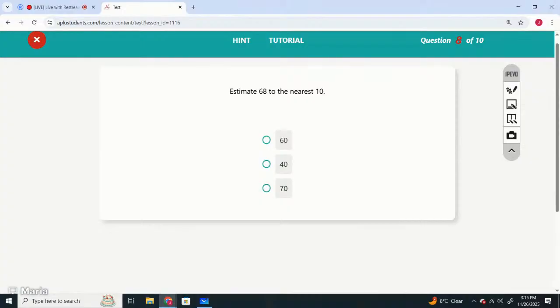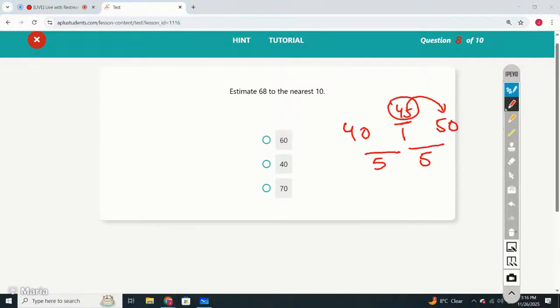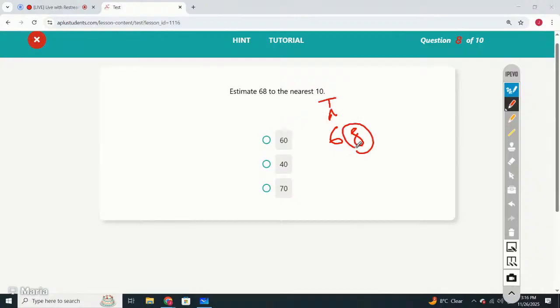Estimate 68 to the nearest 10. So which 10 would it be? 68. 6 is the digit at the tens position and 8 is the digit at the ones. We need to compare it to 5.